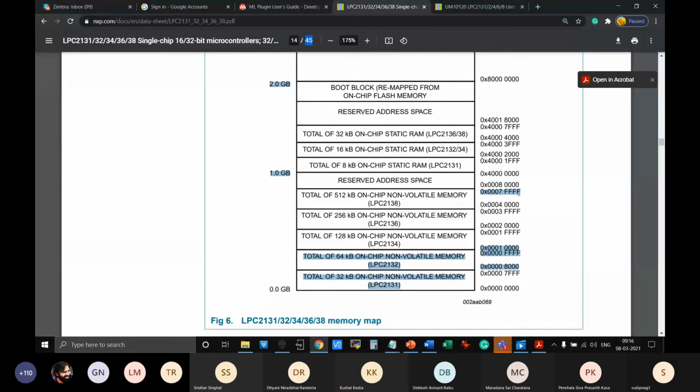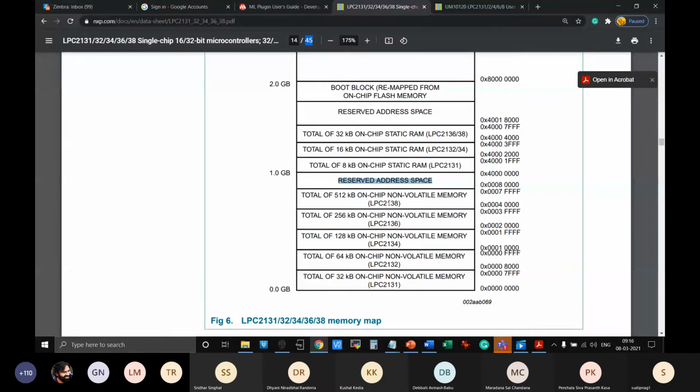For 2132, obviously some other portion is unused. I think this is very obvious. Now there is some reserved address space. This is the manufacturer's choice; we cannot do anything over here. There is some reserved space for future expansion. Typically, if they come out with a newer version of microcontroller beyond 2138, they must be utilizing it.